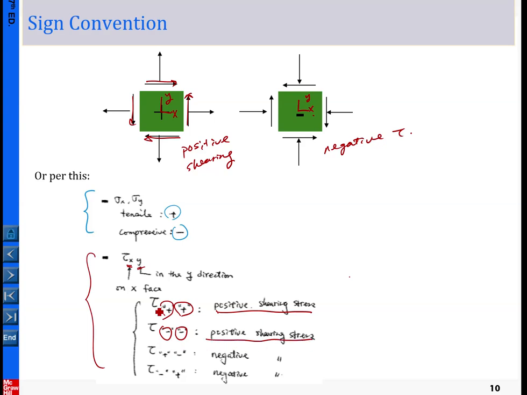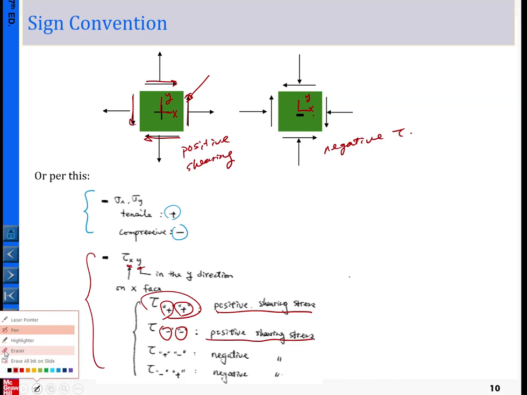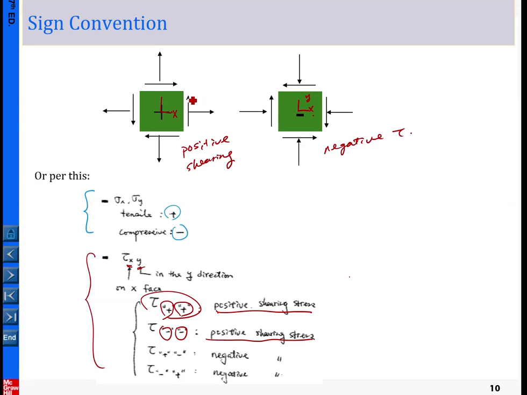Okay, so what is this? Let me erase the information, sorry, to get a better explanation here. For this shear stress, you can see if I define the xy coordinate system like this, this plane is the x plane.